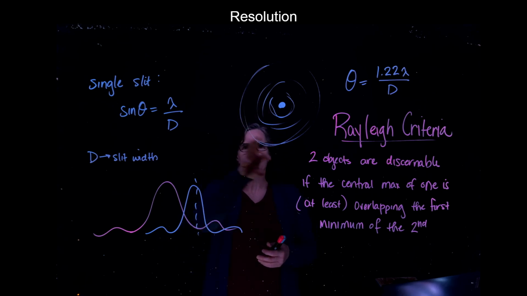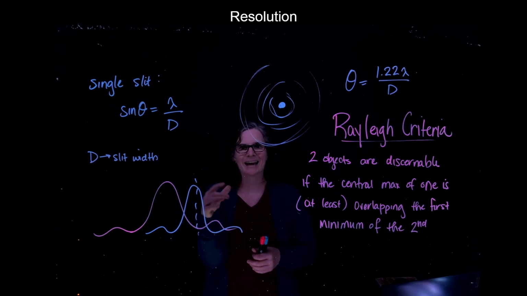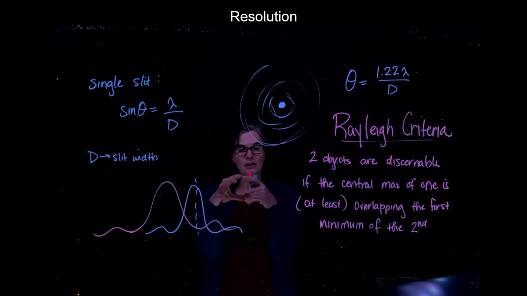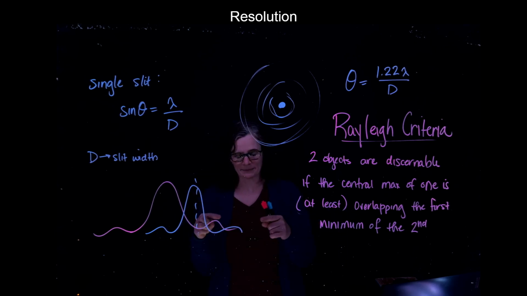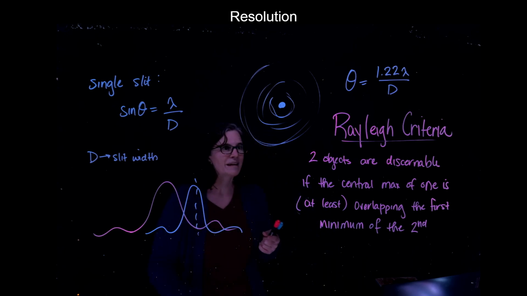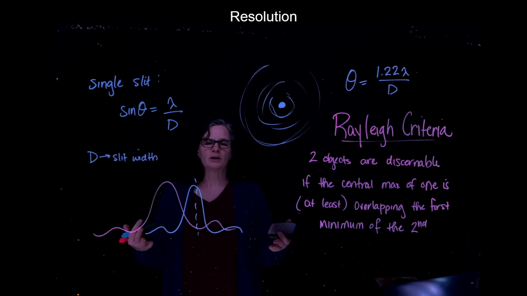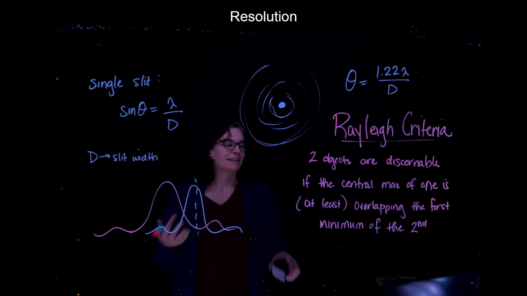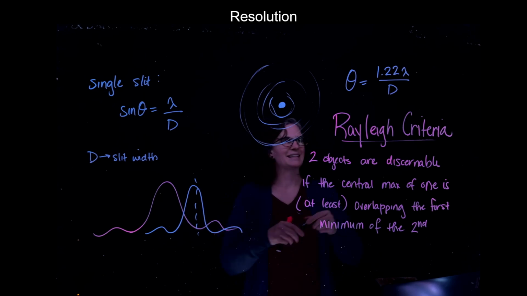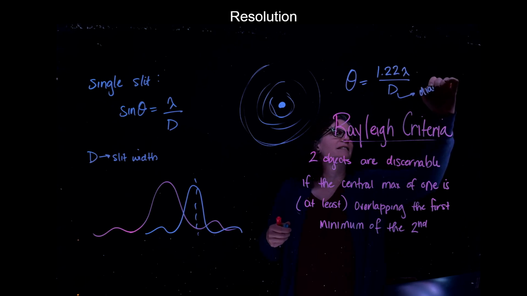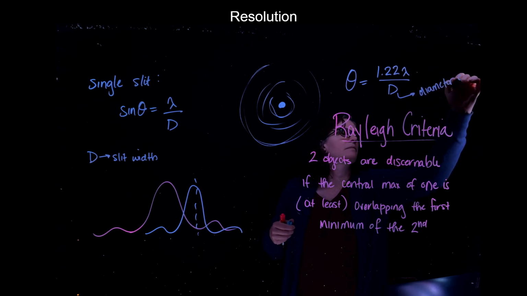Now, why is any of this important? These would be for circular apertures, circular slits, so to speak, and a lens is like a circular slit. It's circular with an edge, a boundary. So this becomes very important for optical instruments. In the case of optical instruments, this diameter, this D, is the diameter of the lens, or the mirror if we're dealing with a mirror.